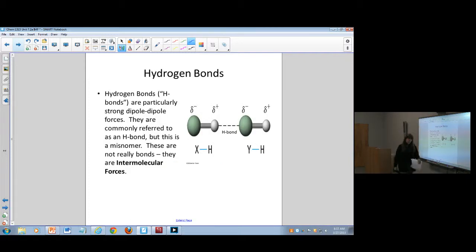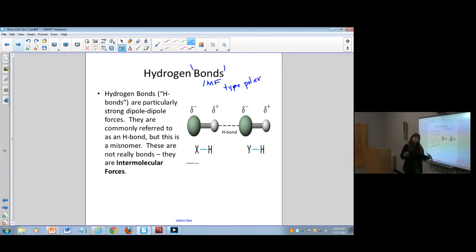Now, I also want to talk about something called the hydrogen bond. A terrible, terrible name, because it's not really a bond. It's really an intermolecular force. But the hydrogen bond is a type of dipole, so we've got some kind of polar molecule.